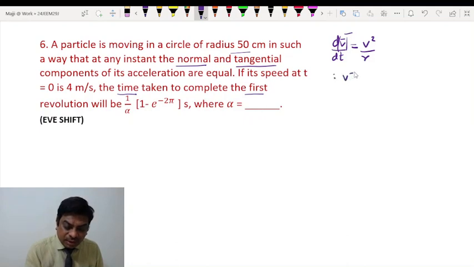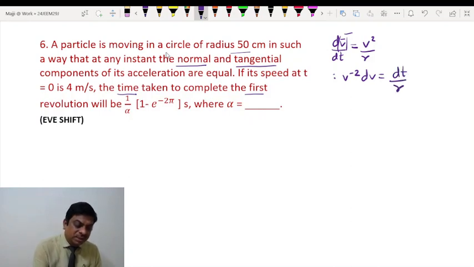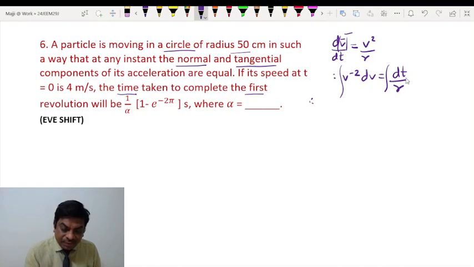So therefore we can write dv by v power 2 is equal to dt by r. Remember, it's a circular motion, so r is constant. Later we'll substitute the value, students. So integrating both sides, okay, we get initially time was 0, velocity is u, let us say, later we'll put it as 4. Now the time is t, velocity is v.